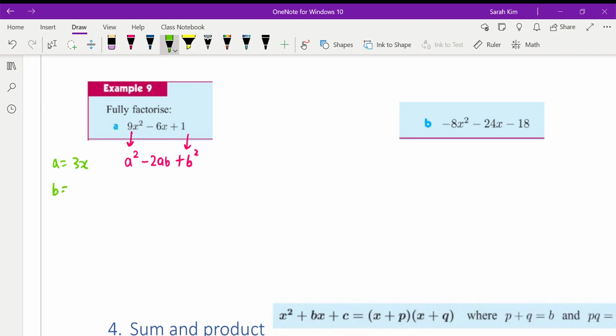My b option is going to be 1, therefore my minus 2ab is going to be minus 2 times 3x times 1, which is minus 6x. So therefore I can use the perfect square equation, and because I'm using a minus, I write the (a minus b) pattern, so it's going to be (a minus b) squared, and that's my answer.